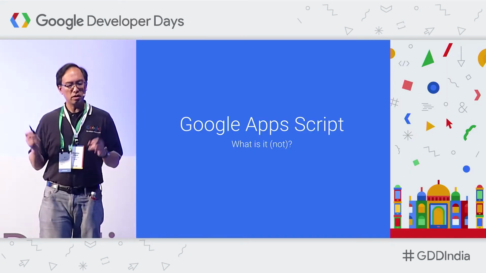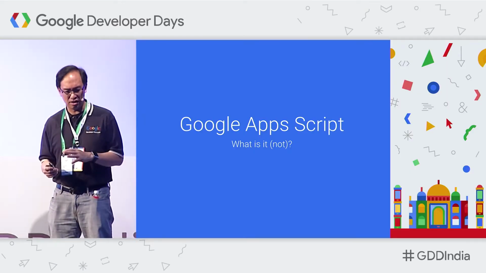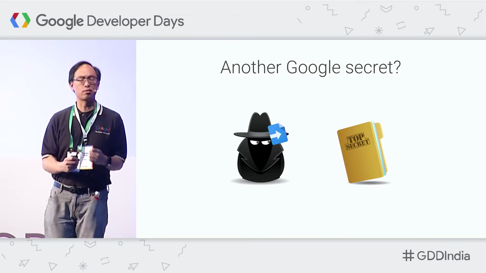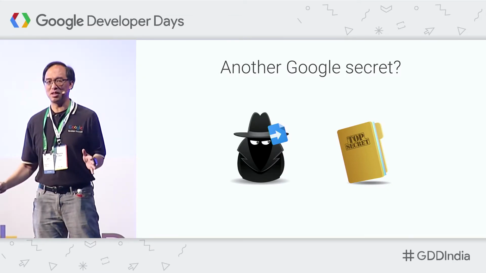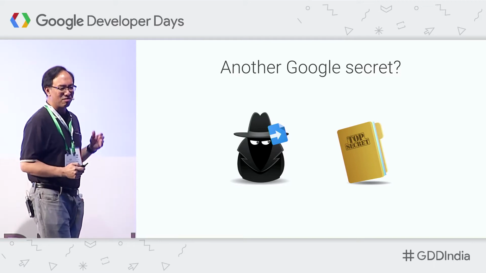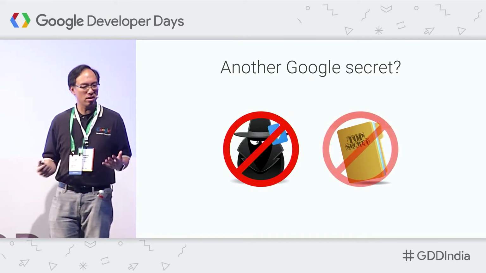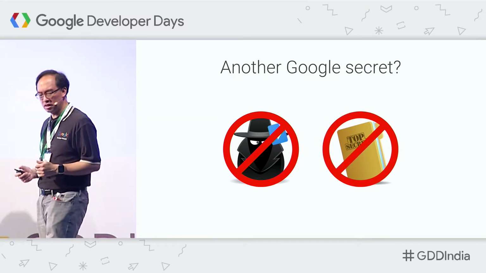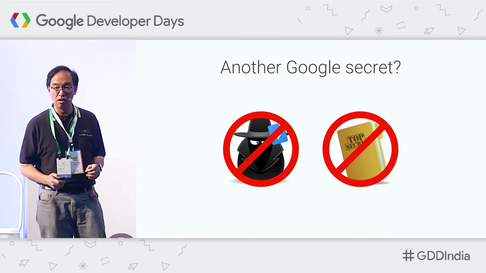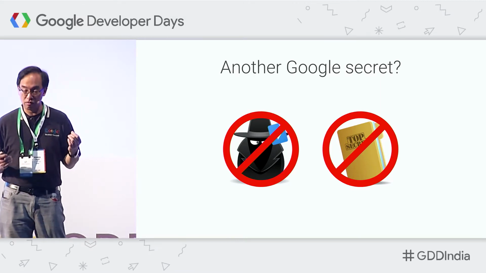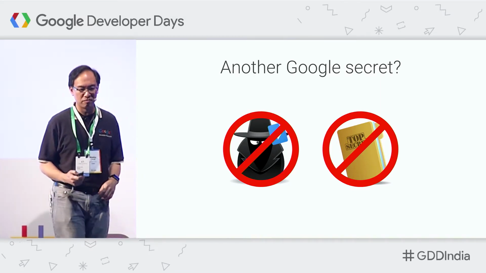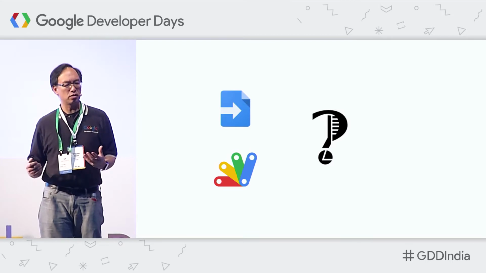So what is Google Apps Script, and what is it not? Is it another Google secret? We have lots of secrets, right? Well, it's not really our best kept secret, nor is it really a secret at all. But I think it still has relatively low mindshare. That's why I asked you guys for a show of hands. So what is Google Apps Script?